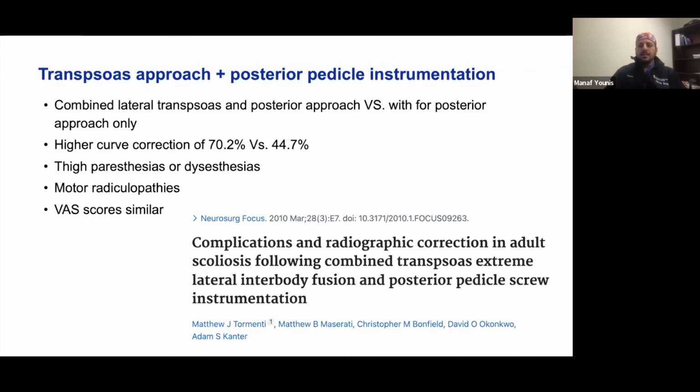However, 6 of the patients with combined approach reported postoperative thigh paresthesia or dysphagia, and 2 demonstrated sustained motor radiculopathy, all of which resolved at 10 months postoperatively. Patient-reported VAS scores were similar in both groups.